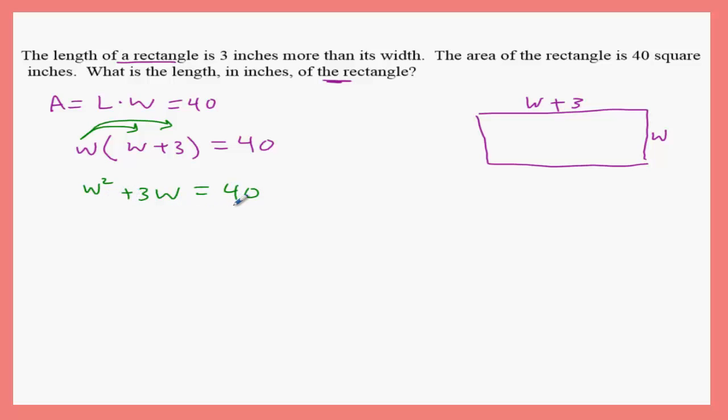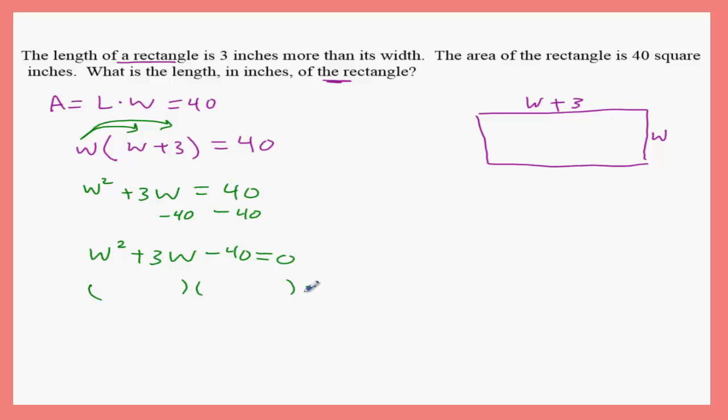This is 100% a quadratic equation. What you do in this case, you move 40 over and make this equation equal to 0. In order for you to factor, it's W squared plus 3W minus 40 equals 0. Please do not add or subtract the 3 and the 40 because they're not like terms.